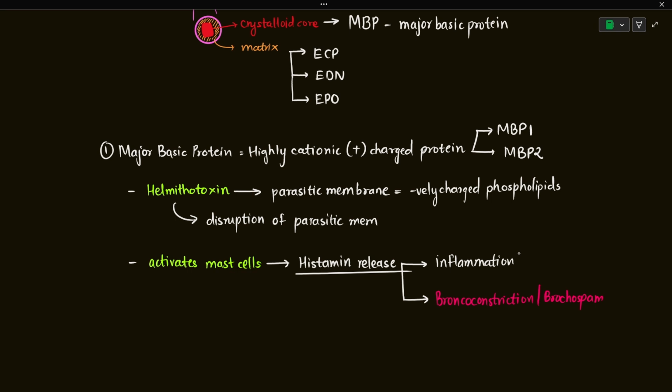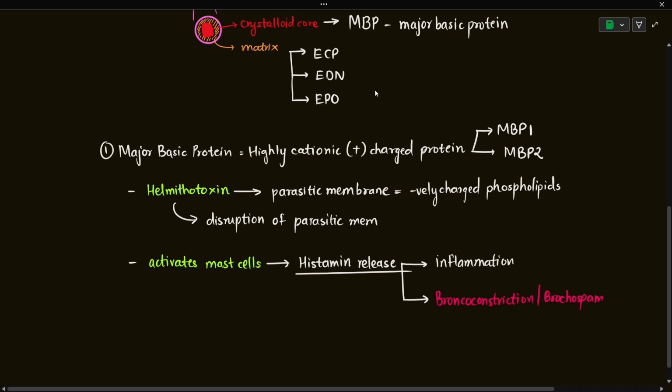This is a protective mechanism of our body. If the airways are narrowed down, this will limit the entry of allergens and pathogens through the airways. So this is a kind of exaggerated protective mechanism exhibited by our body.